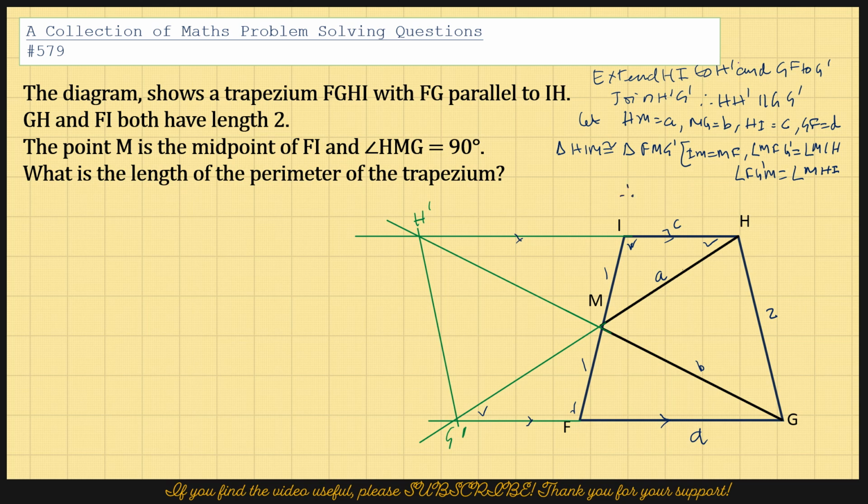Therefore, what I can conclude is that GM equals A and G dashed F equals C. So G dashed F is C, and GM is A.